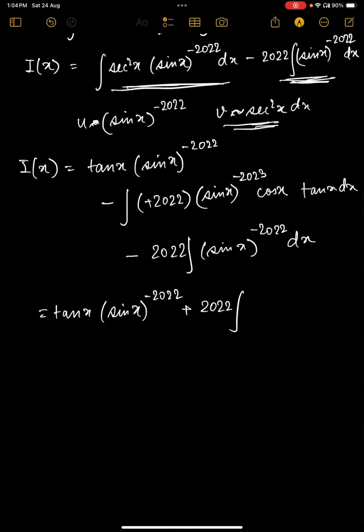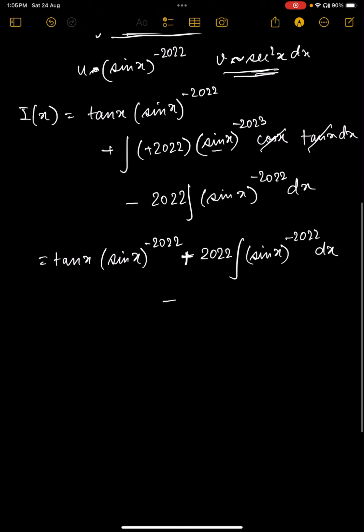This minus sign and this minus sign add up and become a positive sign, so we have 2022 integral of sine x to the power minus 2023 cos x tan x dx. This cos term and one sine term cancel out the tan x, and here we have 2022 integral of sine x to the power minus 2022 dx.